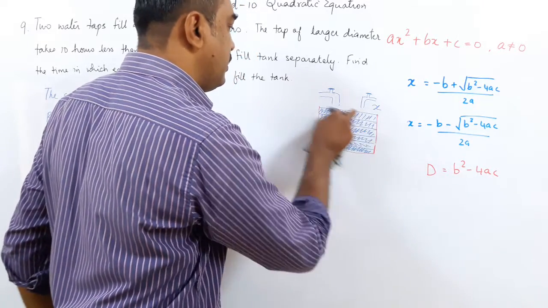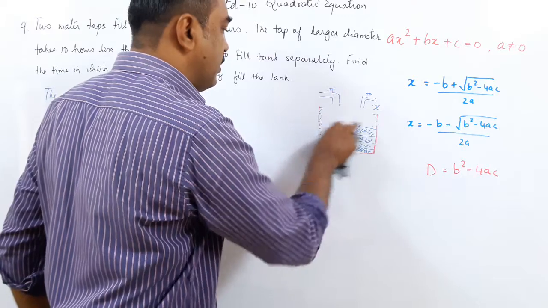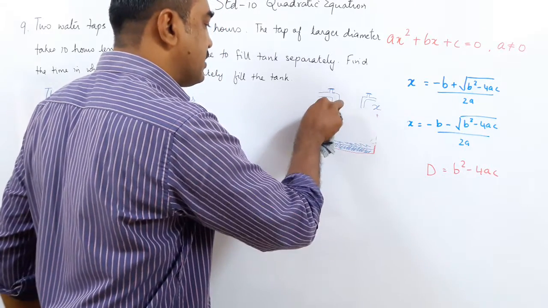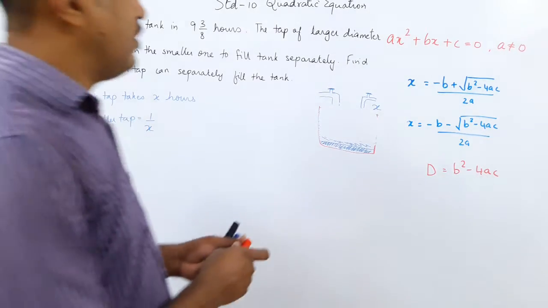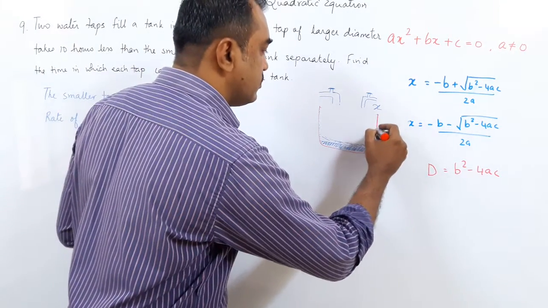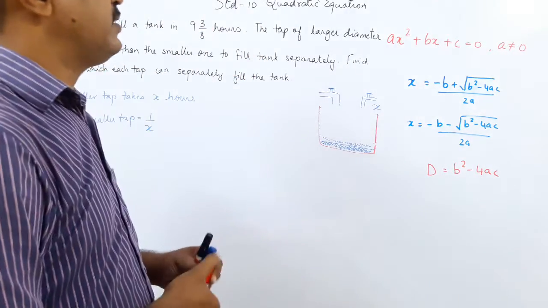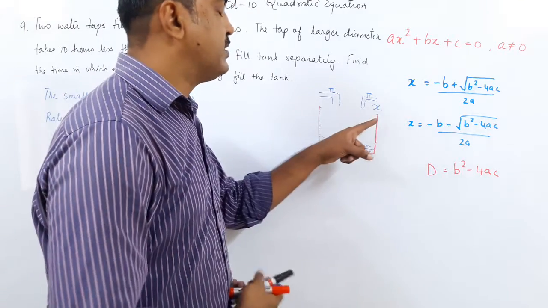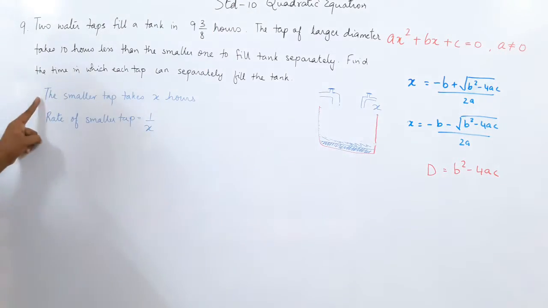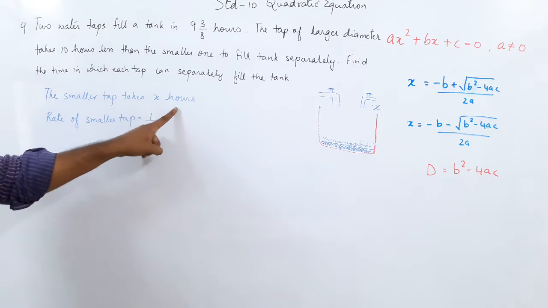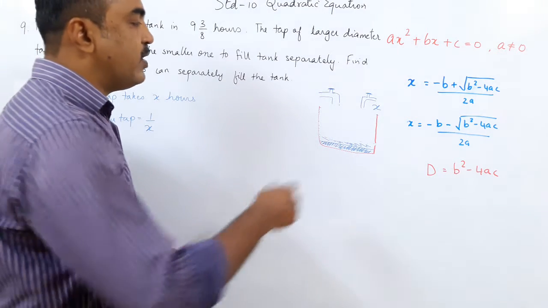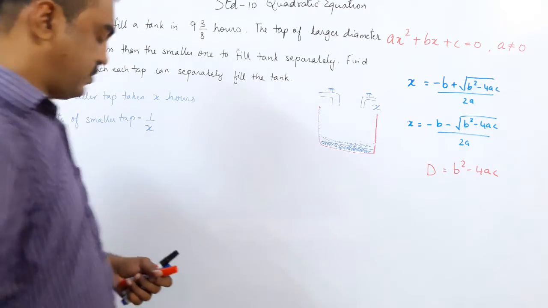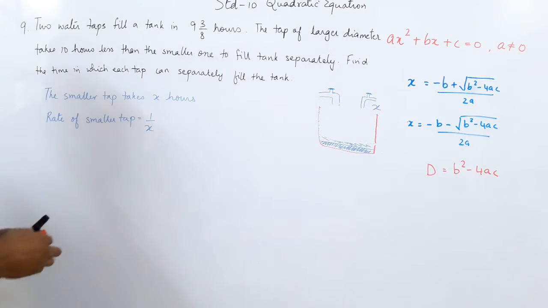So it means that if it takes x hours, then in 1 hour it will fill 1 by x of the tank. So when I have taken 6, then in 1 hour it fills 1 by 6, but I have taken x hours. So the rate of the smaller tap is 1 upon x, means in 1 hour it will fill 1 by x of the tank. That is what the smaller tap is doing.